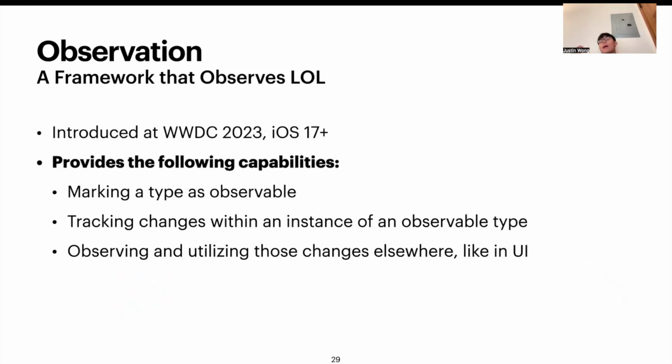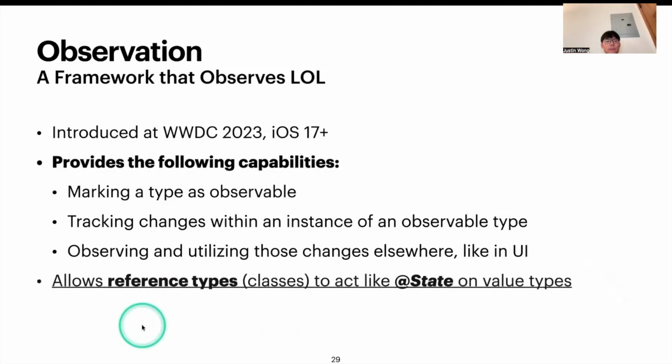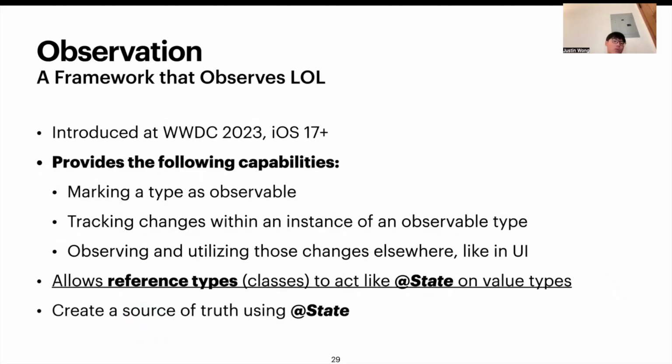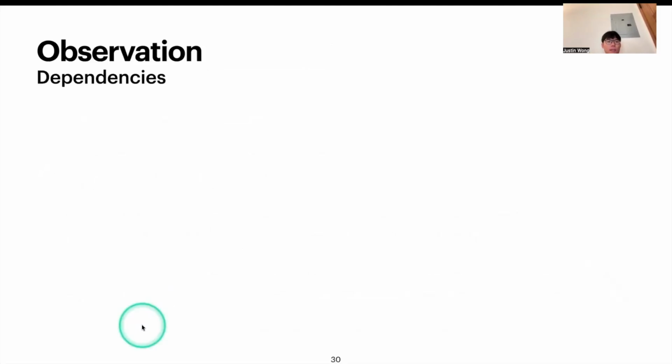So whenever a property changes, whoever in the view is accessing that property can know to re-render itself to update and reflect the new value. The main idea is that it allows reference types, like classes, to act like @State on value types, and again sort of creates a source of truth using @State.